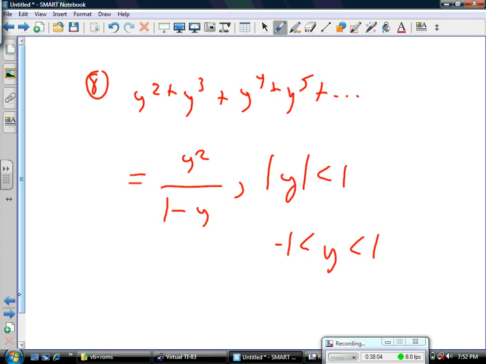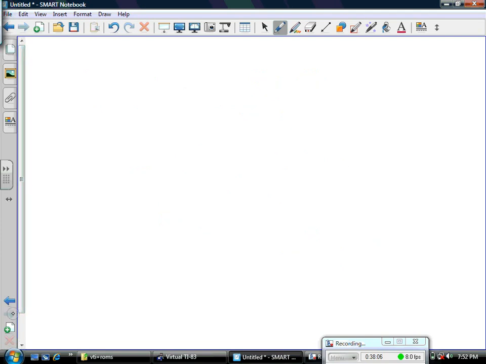Okay, number 9. So knowing about geometric series of constants, you can already do some power series stuff. 1 minus x plus x squared minus x cubed plus x to the 4th minus, and so on. Is this geometric? Yes.